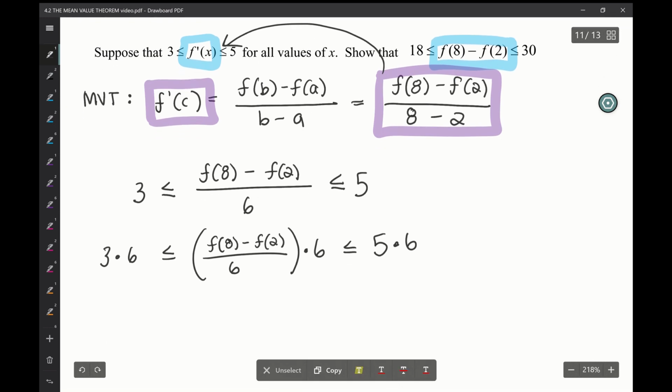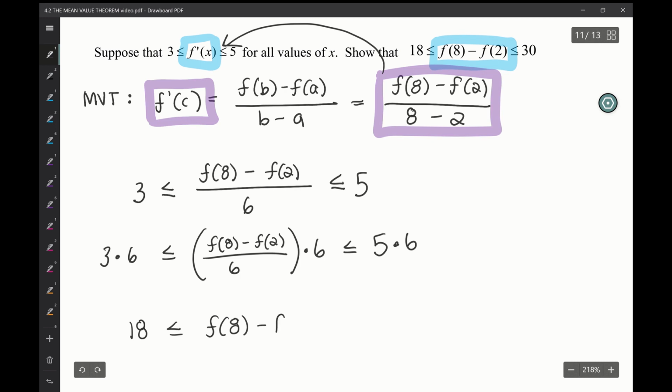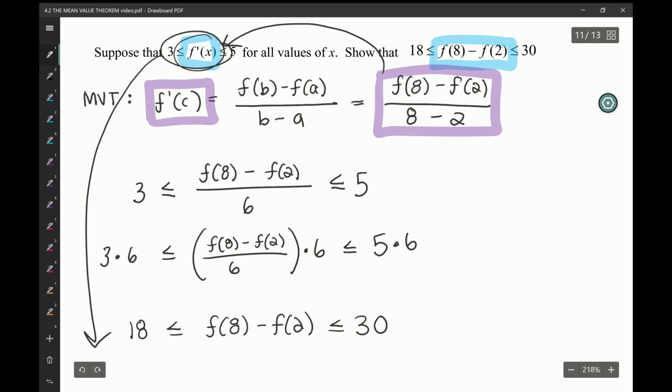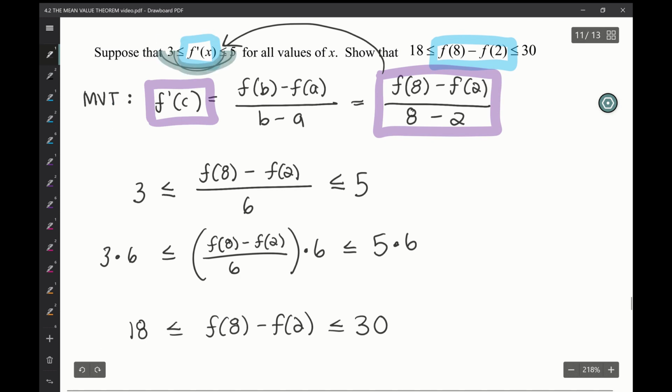Which means that 18 is less than or equal to f of 8 minus f of 2, which is less than or equal to 30. So if this is true, we can show through this process that the other piece is also true.